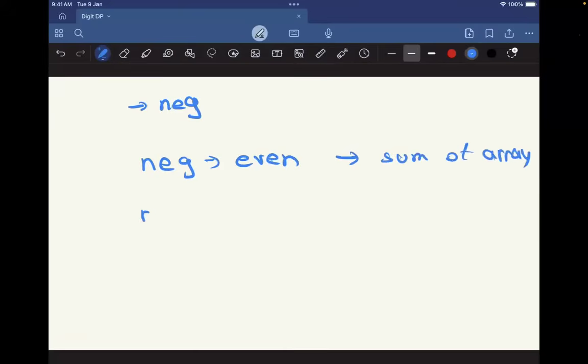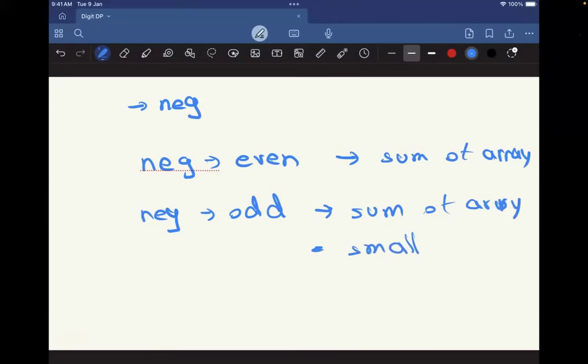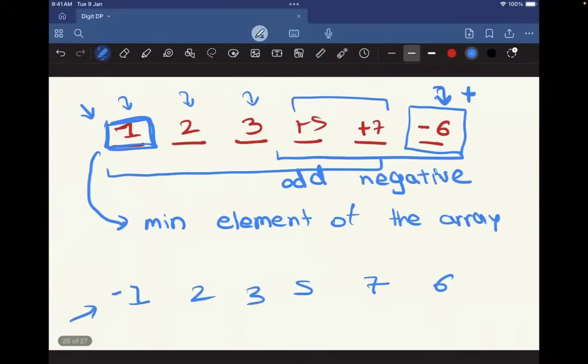And if the number of negatives is odd, in this particular case, you can just print the sum of the array minus the smallest by magnitude, minus smallest magnitude, right? What is smallest magnitude, guys? Like in the array, 1 is the smallest magnitude, right?